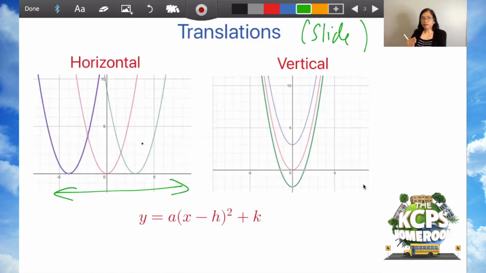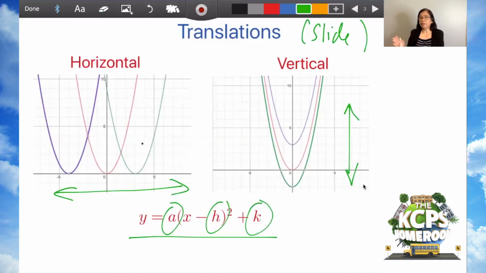And when we talk about vertical translation, we are moving the graph of the function upwards or downwards. Then if we look at this function, f of x or y is equal to a times the quantity x minus h squared, plus k, which of these values here affect the translation or the movement of the graph?